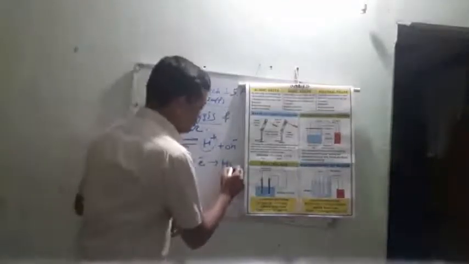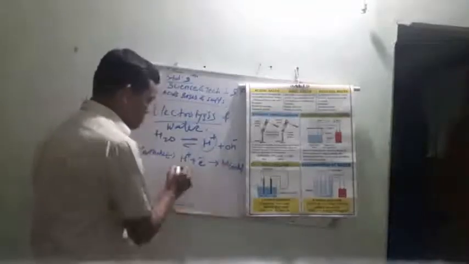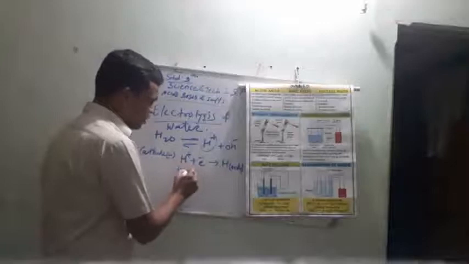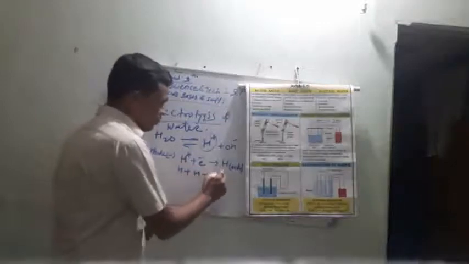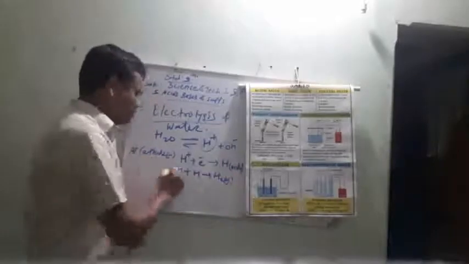Neutral hydrogen is formed, but this hydrogen is not stable, so it combines with another hydrogen and forms hydrogen gas. So in this way, at the cathode, there is a formation of hydrogen gas.